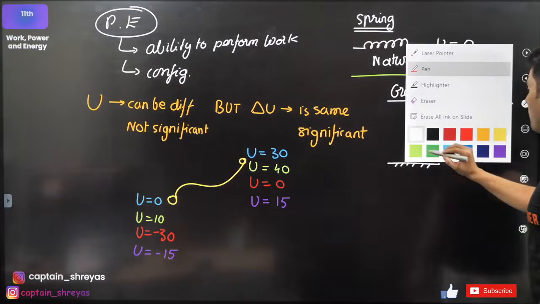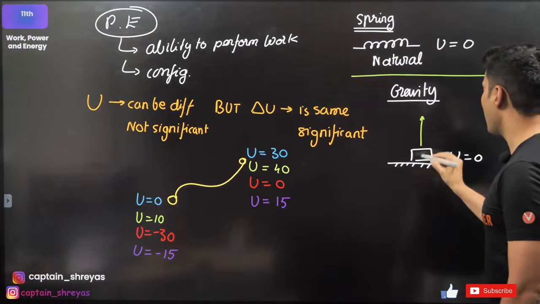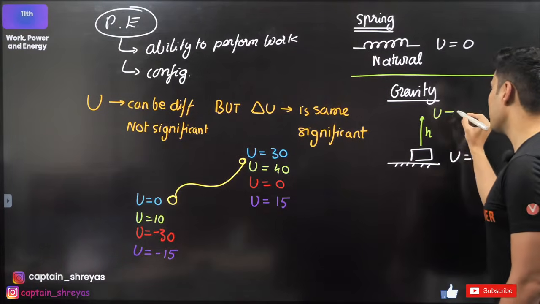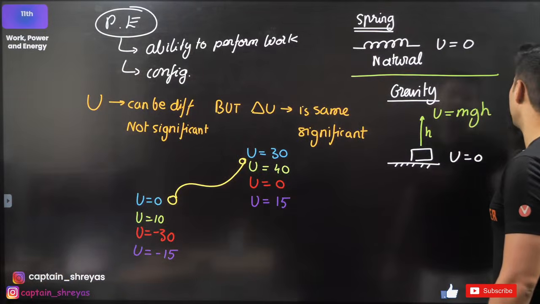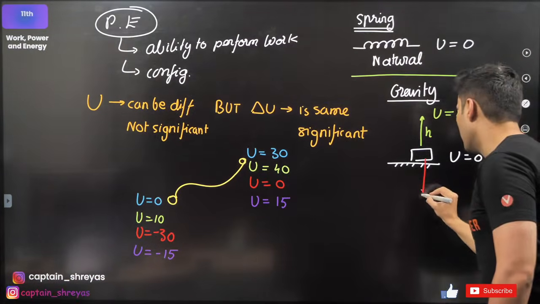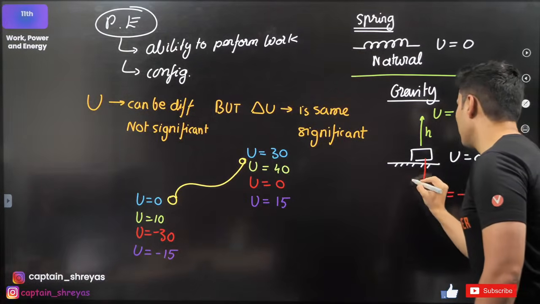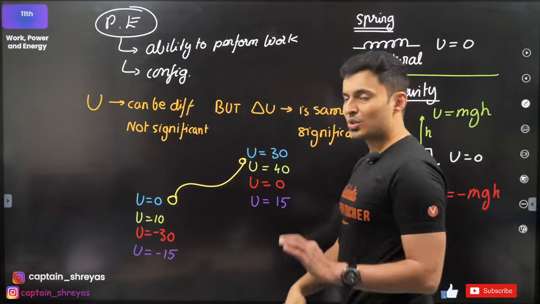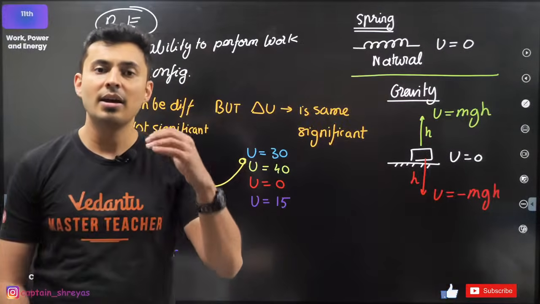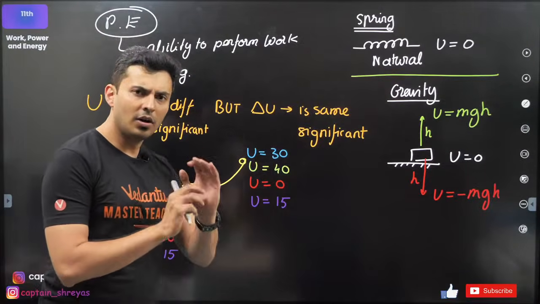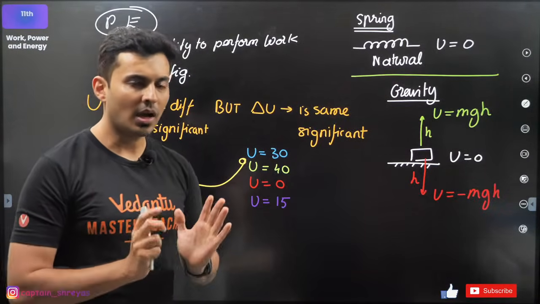Based on that, if you take this mass up by height h, the potential energy at that place is mgh, and if you take it down, you say the potential energy is minus mgh if this height is h. So it's the change which matters, not the absolute value of the potential energy. I hope this is clear.